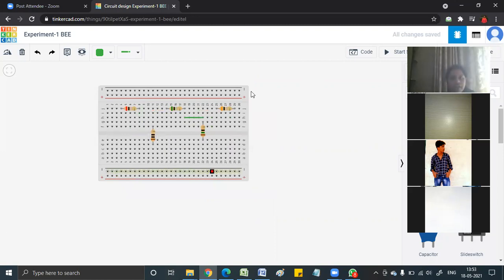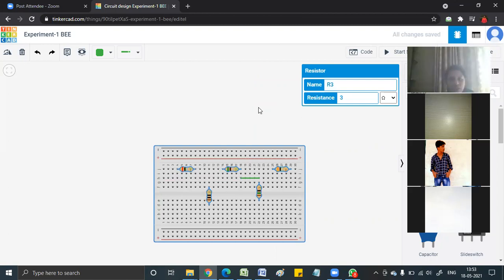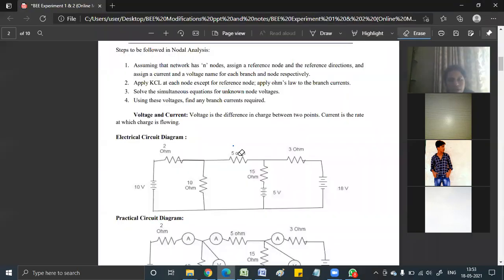This is the circuit that I have. You can see the 5 resistors connected as they are. I hope you have the circuit diagram in your hand, so while we talk, you're able to relate. So this is the circuit we have: 2, 10, 5, 15, 3. Right now I have not put any sources, so 10 volt, 5 volt, 18 volt, nothing is there. Just the resistors are there.